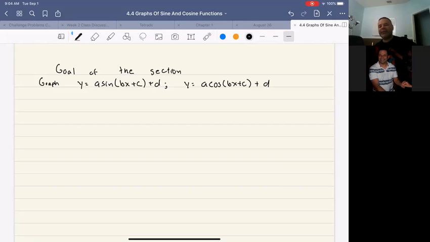So let's start with, say, y equals sine of bx. Well, first let's do an example specifically. The first example we're going to do is number 18, and that's y equals sine of 4/3 x.